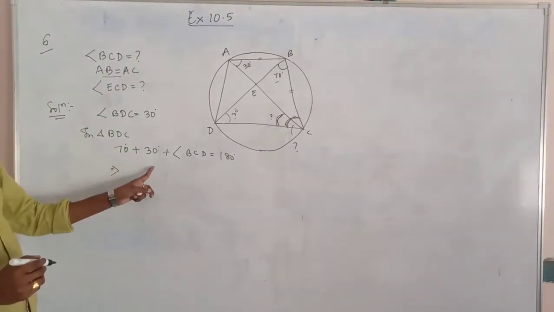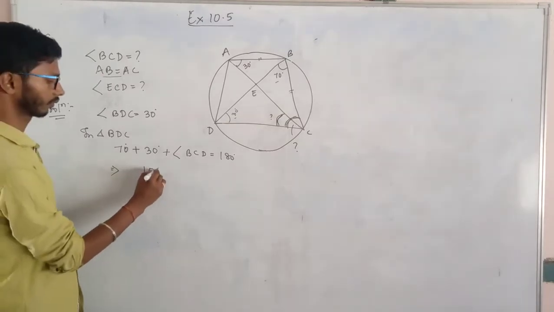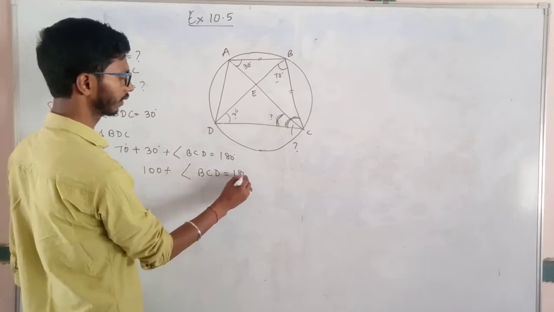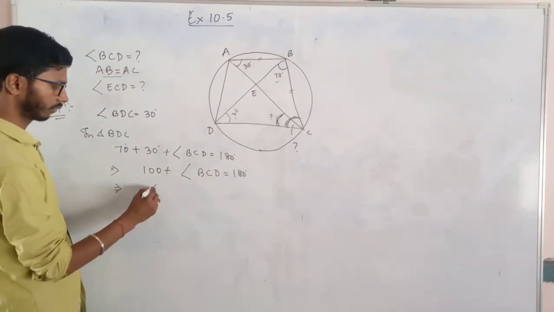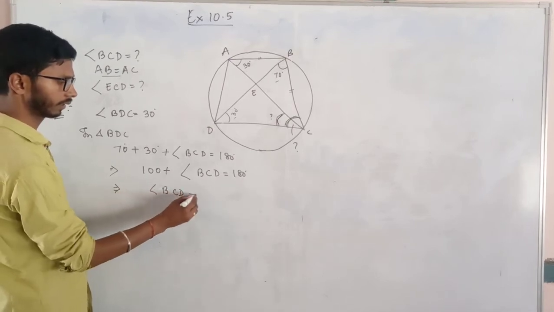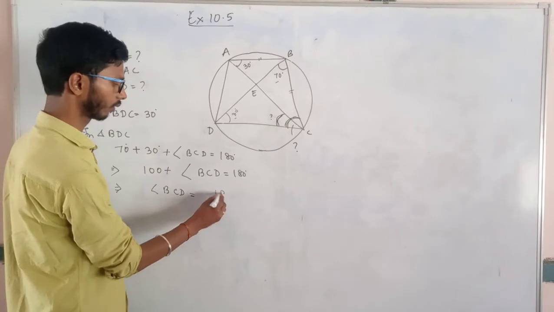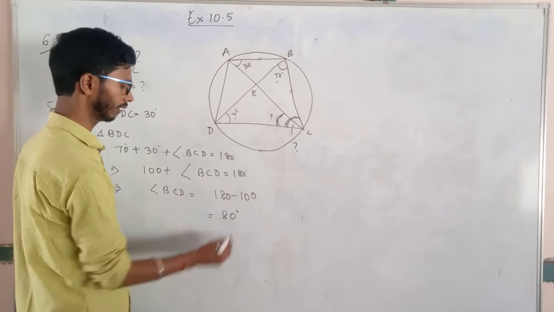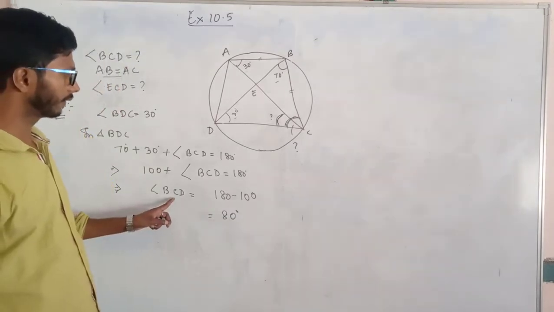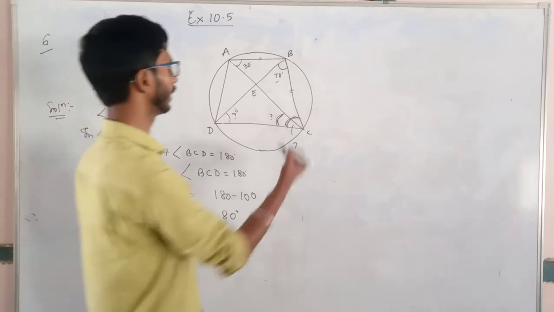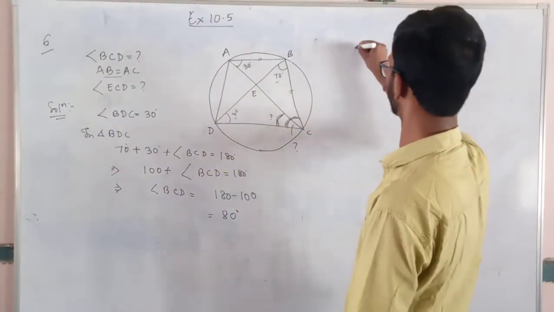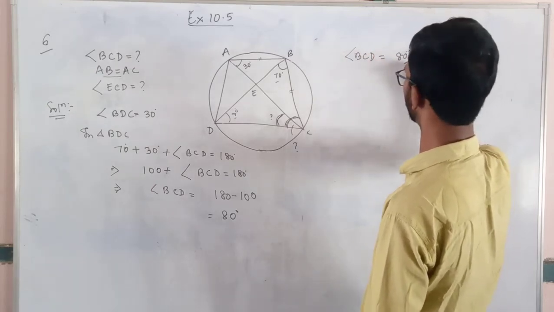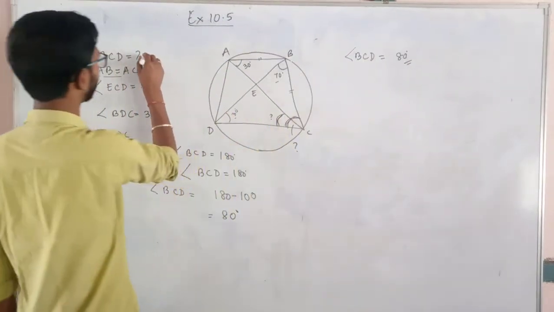So 70 plus 30 is 100, plus angle BCD equals 180. So angle BCD will be 180 minus 100. How much do we get? 80. So angle BCD is equal to 80 degrees. The first answer I got is 80.